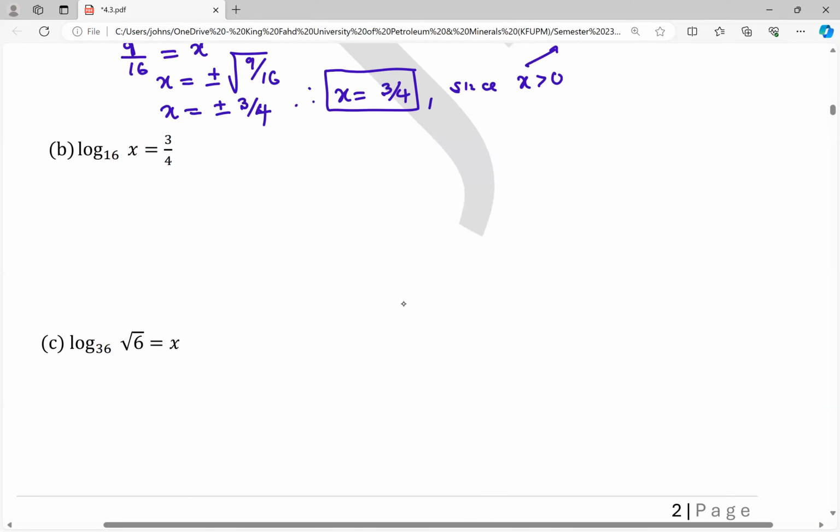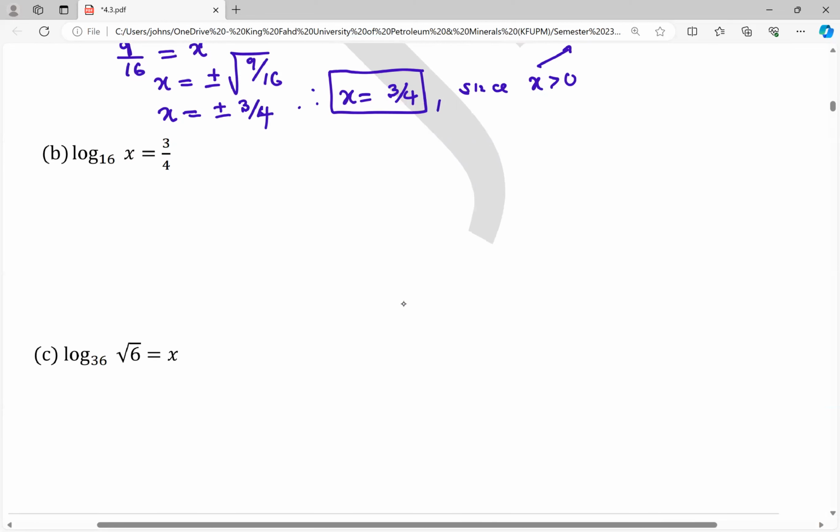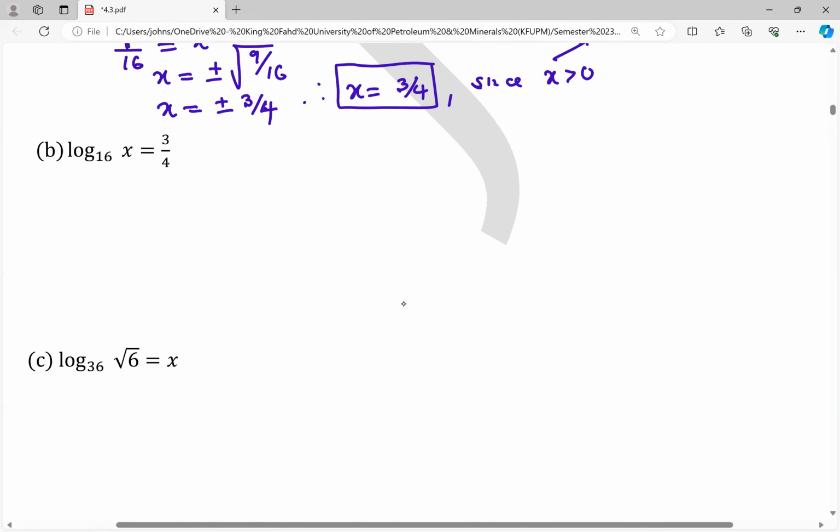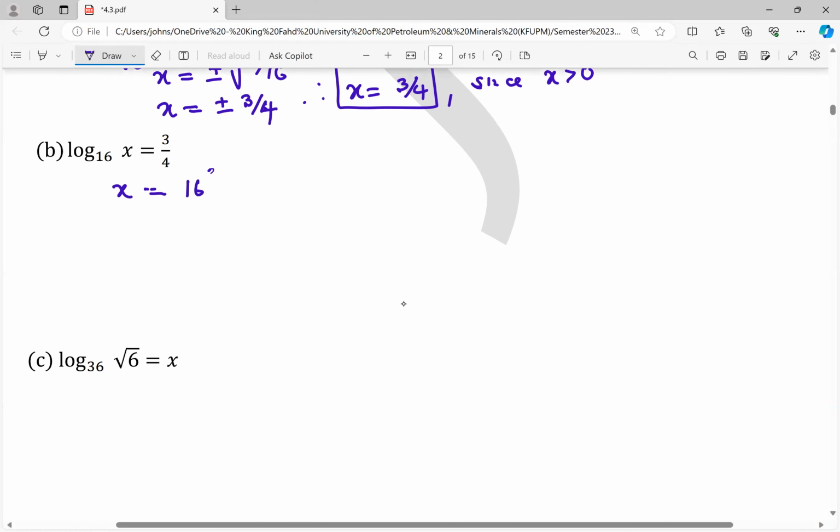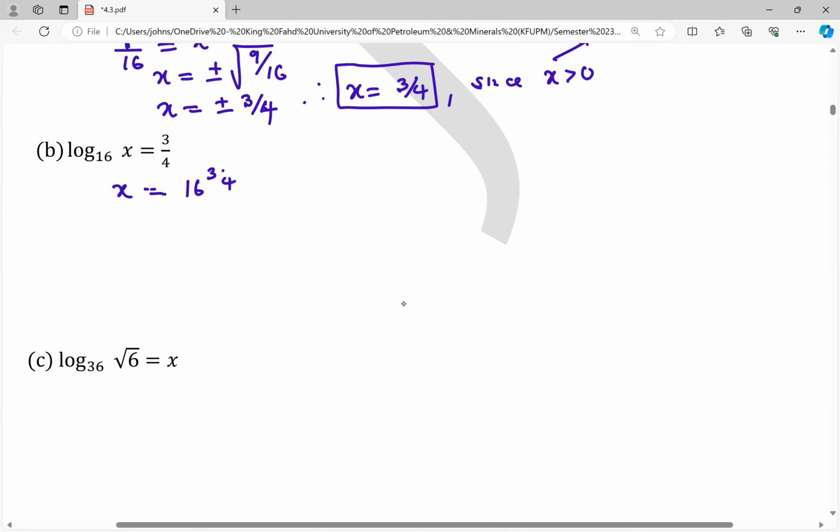So similarly for the b, we do the same. This means that we can write it. Our x is going to be 16 to the power 3 by 4. Right. So what do we have here?